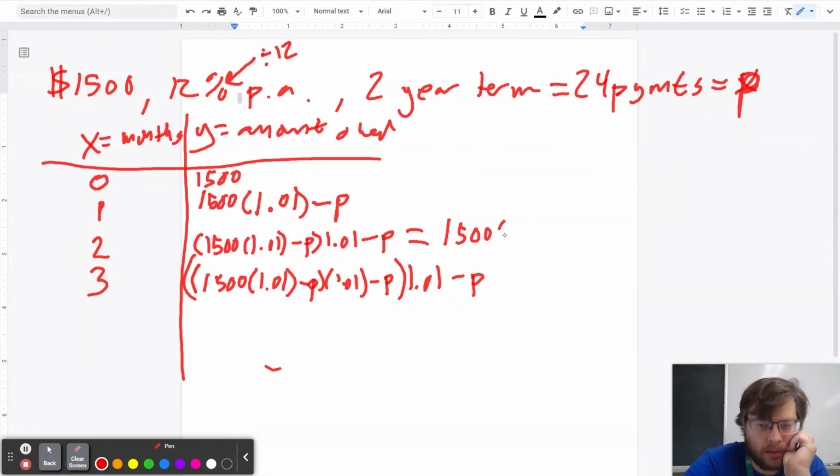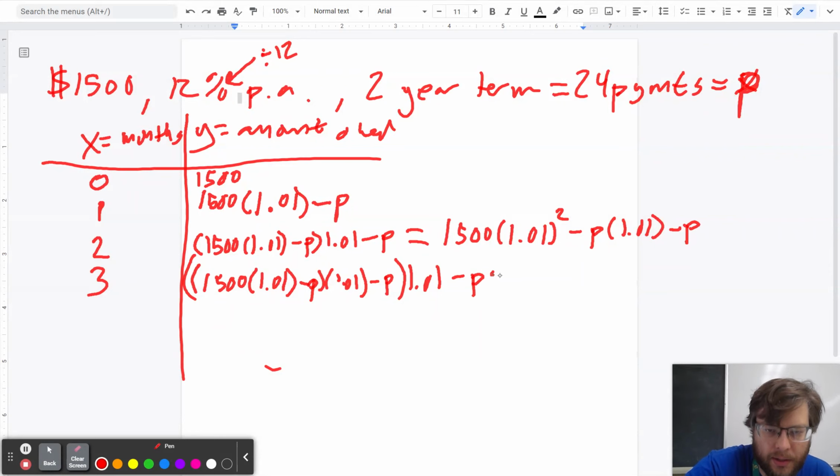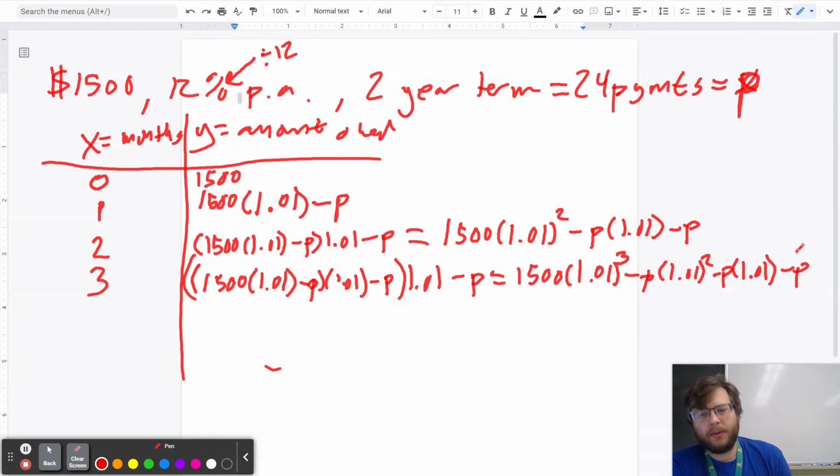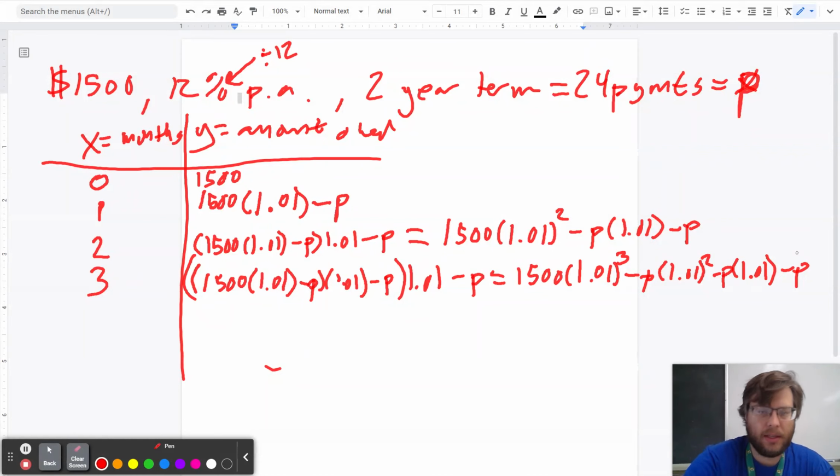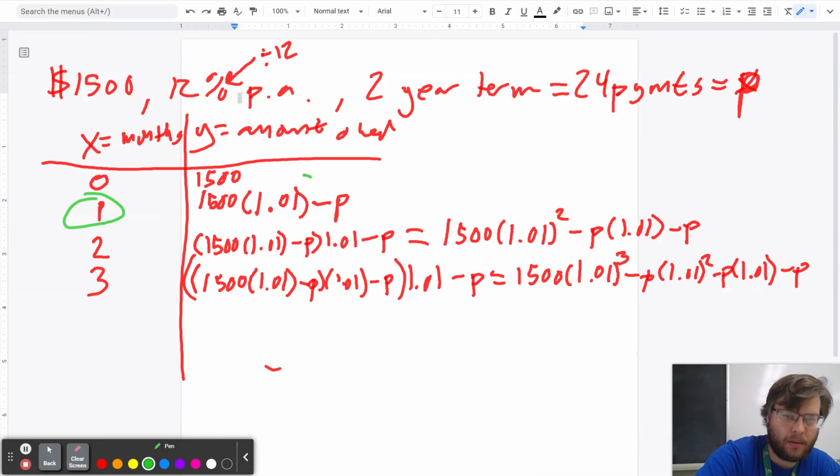Distribute the 1.01, so I get 1,500 times 1.01 squared, then minus P times 1.01 minus P. The third month is going to be 1,500 times 1.01 to the third power minus P times 1.01 squared minus P times 1.01 minus P. What I'm noticing is that the number of months matches up with the power on the 1.01 attached to the 1,500.